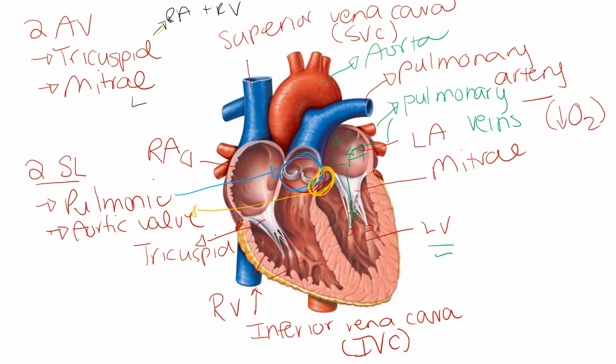The mitral valve is between the left atrium and the left ventricle of the heart. The pulmonic valve is located between the right ventricle and the pulmonary artery, whereas the aortic valve is located between the left ventricle and the aorta.